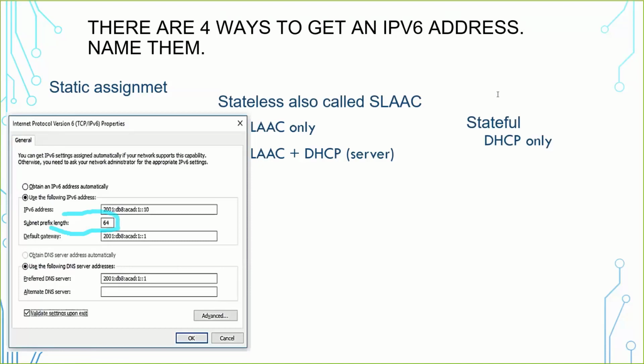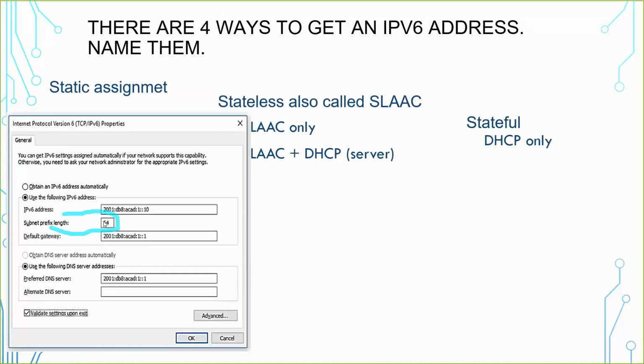Now we know for a fact that it isn't using the EUI-64 process because I'm statically assigning this address. The EUI-64 process only plays into DHCP version 6 with one of these methods, stateless SLAAC or SLAAC with DHCP server. Otherwise, the EUI-64 process isn't involved at all.